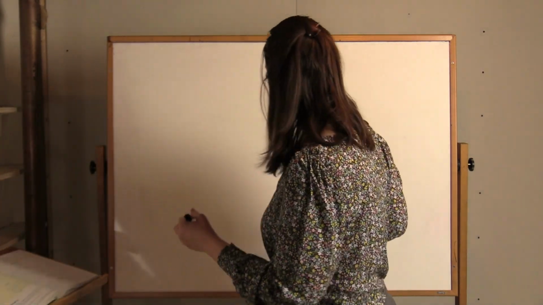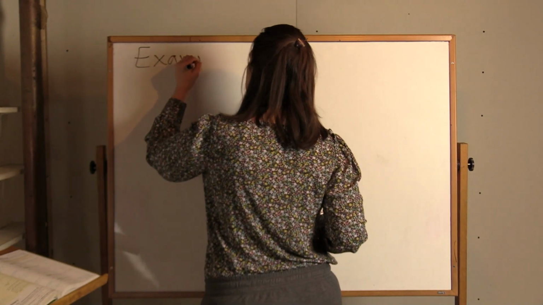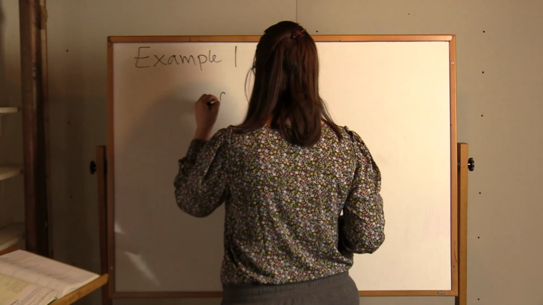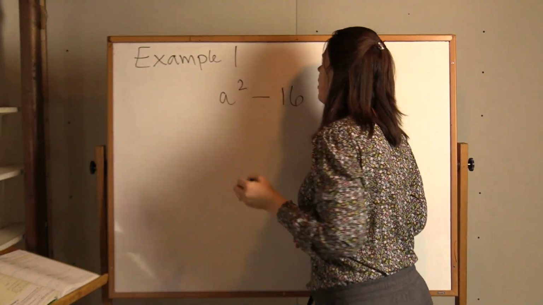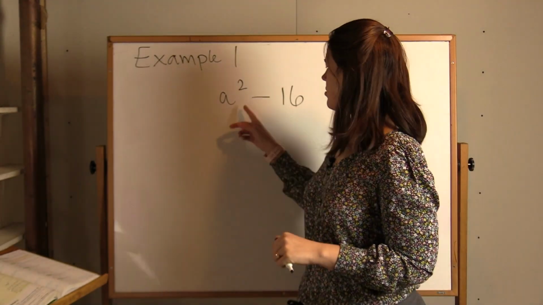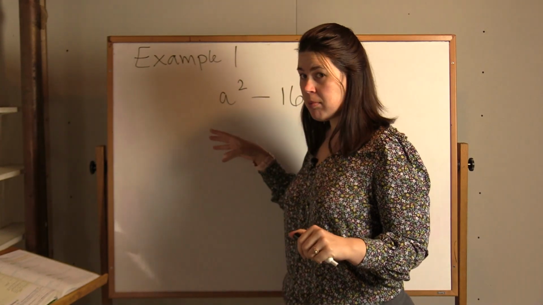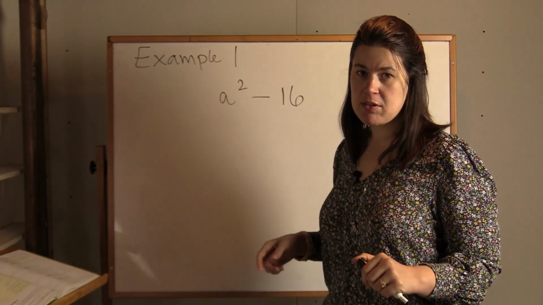Okay, so for our first example, we have a squared minus 16. So I know that a squared is a perfect square because this is a 2. Really anything that's a variable alone that has an even number is a perfect square.